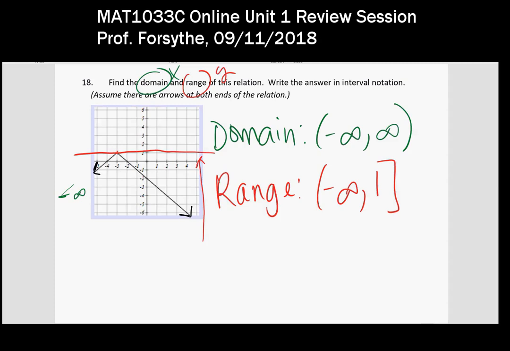If you look at a graph, start from the left side and move your eyes to the right. You want to make sure your domain represents all the possible places where your graph is.